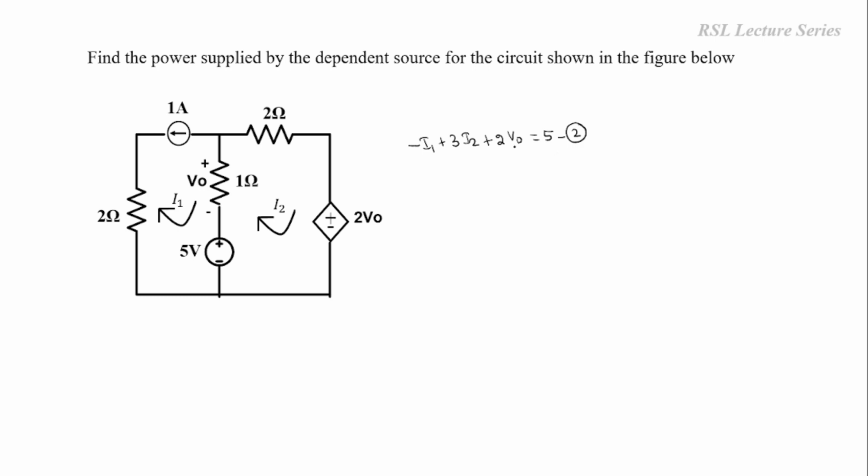Now we have to find the value of V0. V0 is given as the voltage drop across this particular 1 ohm resistor. Here it is positive and here it is negative. In general, the current is always assumed to be flowing from the positive terminal.